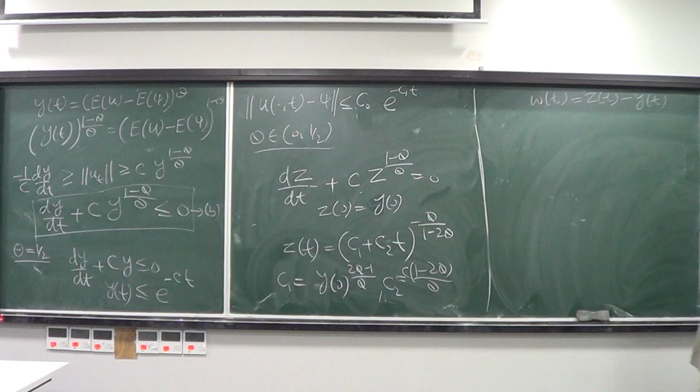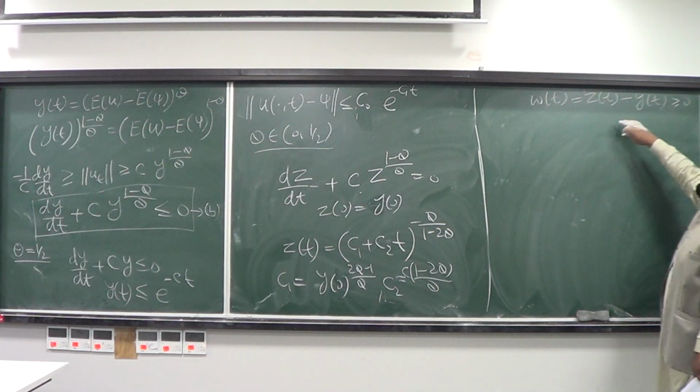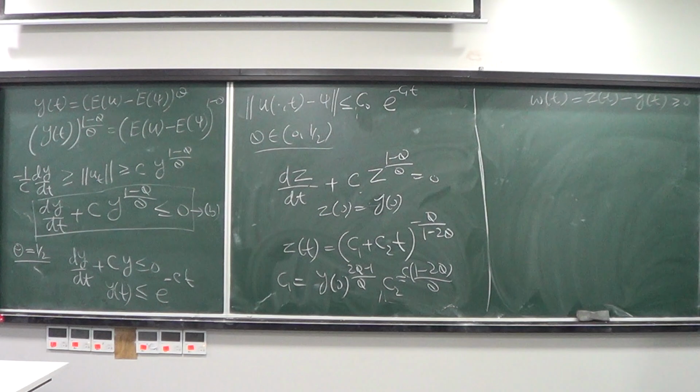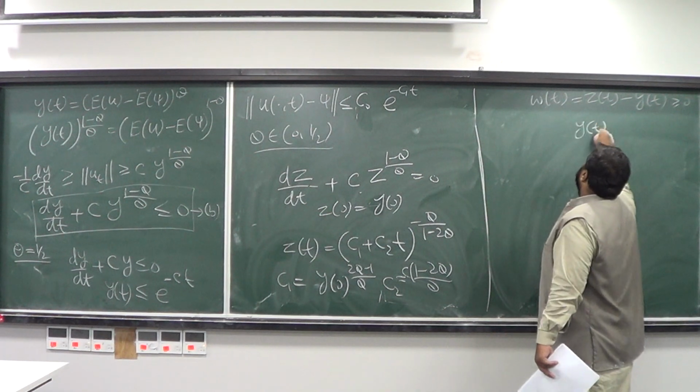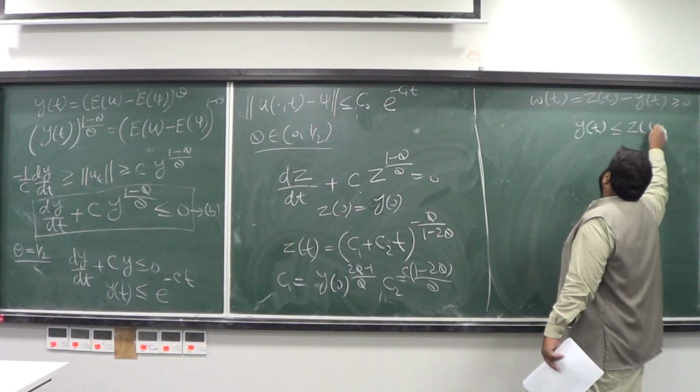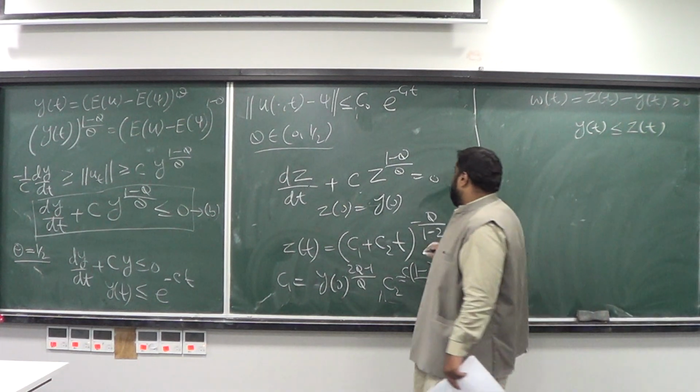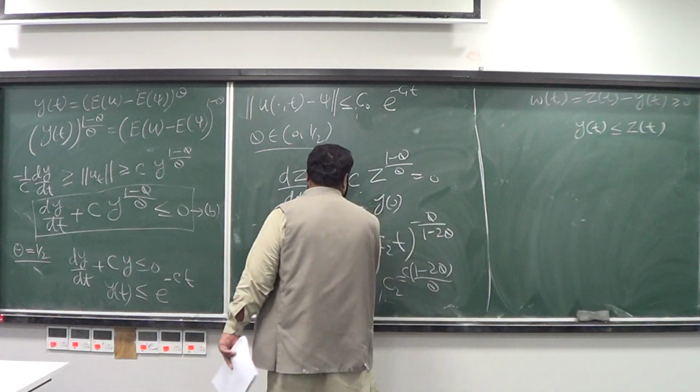If I can prove that w of t is bigger than or equal to 0, then this shows that y of t is less than or equal to z of t, which I know explicitly.